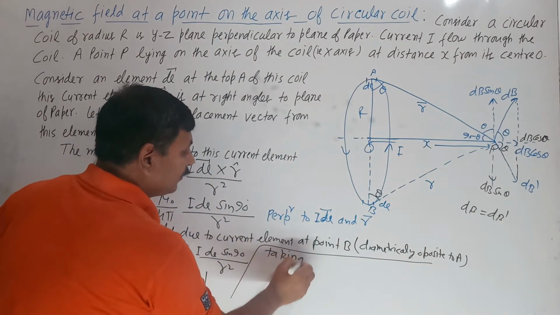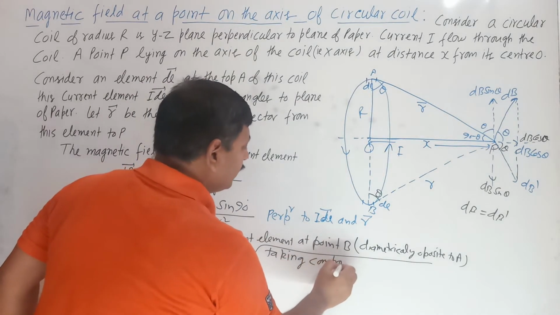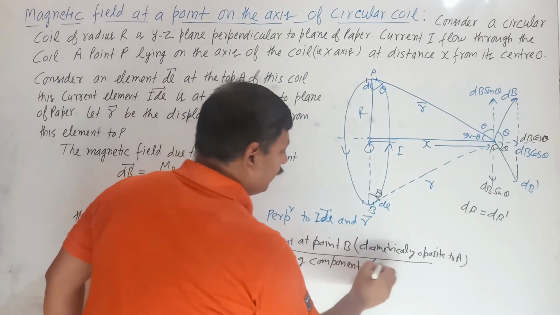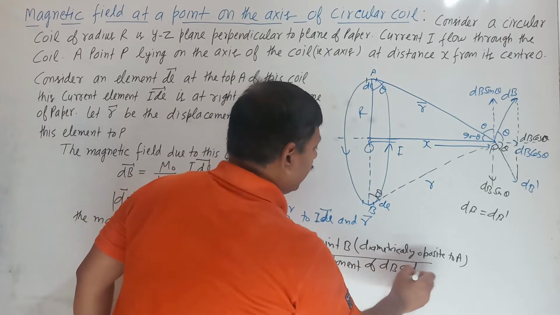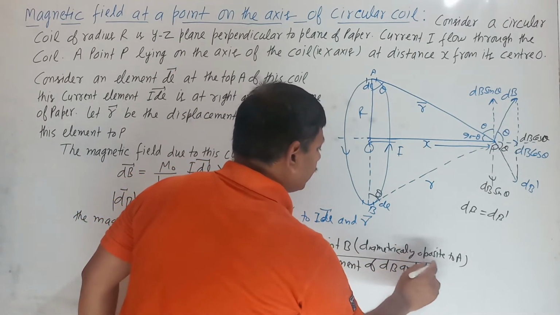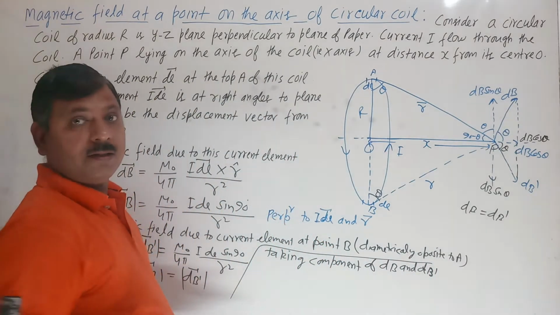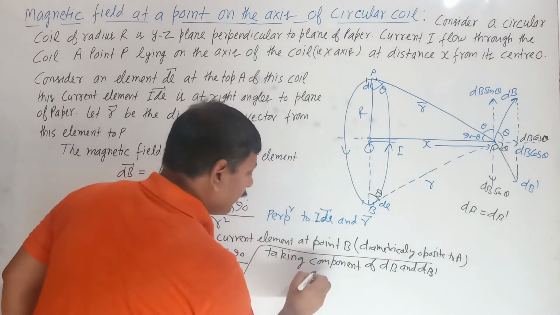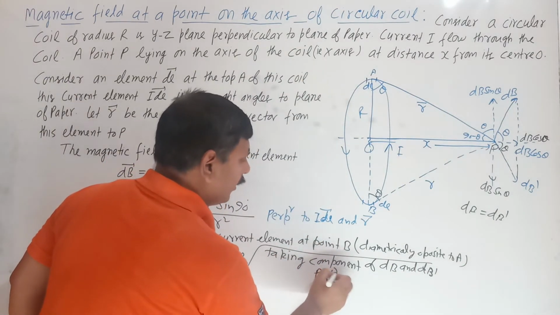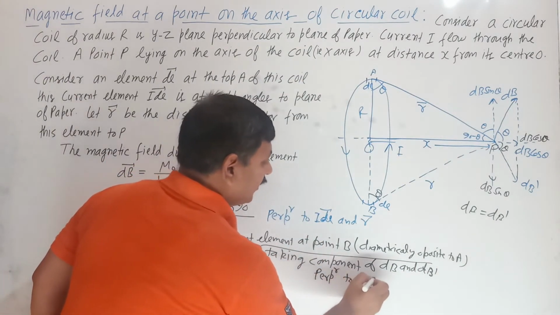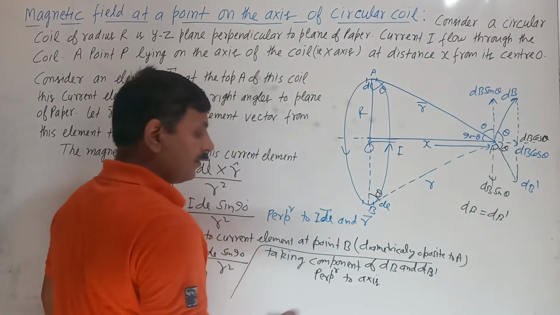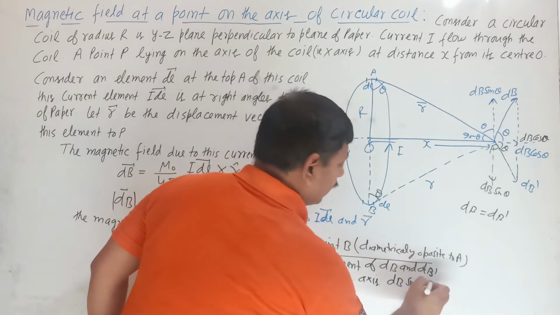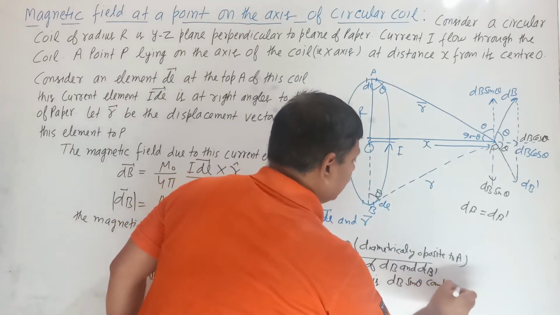Here we can write, taking components of dB and dB dash, what happens? The dB sin theta components, perpendicular to the axis, cancel each other.